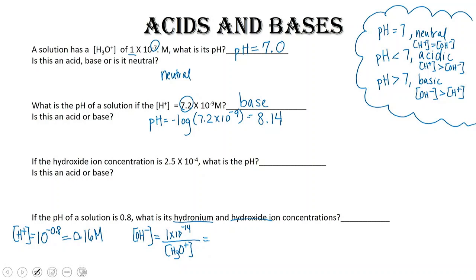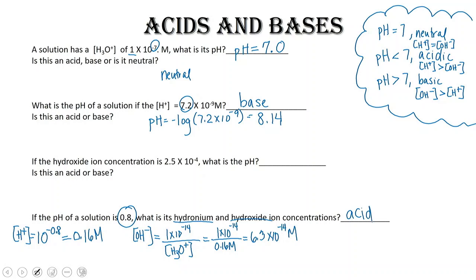And that's going to be 1 times 10 to the minus 14 divided by 0.16 molar, and we end up getting 6.3 times 10 to the minus 14 molar. Is this an acidic or a basic solution? pH is really, really low, so this is an acid.